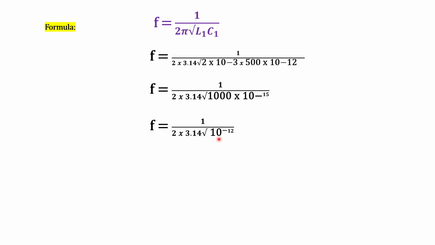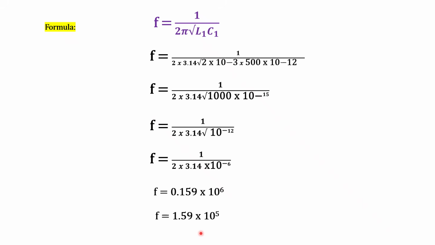Under root, 10 to the power minus 12 will be 10 to the power minus 6. Bring that minus 6 from the denominator to the numerator, it will turn to 10 to the power 6, and the remaining factor will be 0.159. So ultimately you will get the frequency as 159 kilohertz.